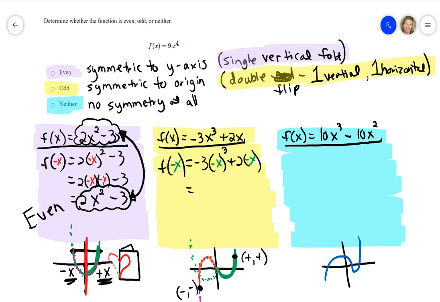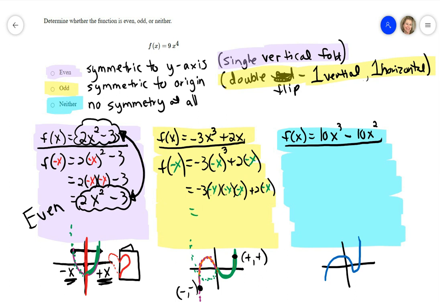Okay, so this is negative 3 times negative x times negative x times negative x. And then I still have the plus 2 times negative x. So I've got negative times negative times negative times negative.